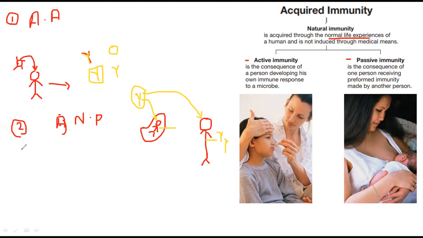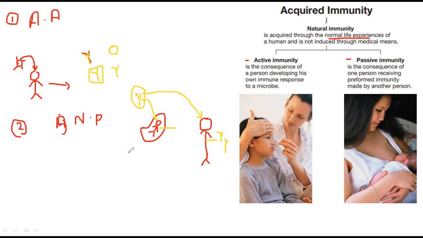That milk is also known as colostrum. When the baby drinks that milk, the antibodies passively get inside the baby, and he becomes immune to the diseases.